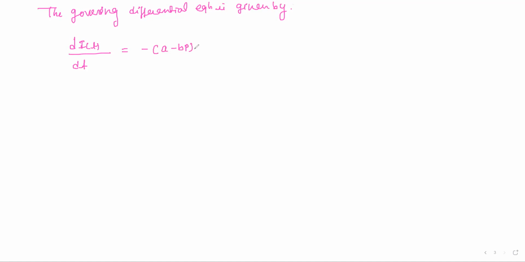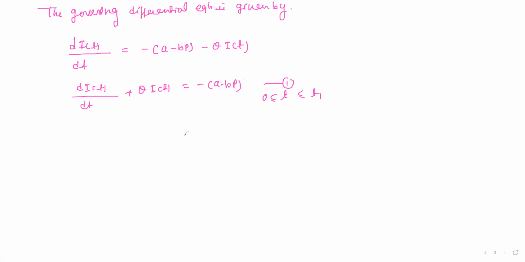The governing differential equation is given by dI(t)/dt equals minus D, in the value of D, a minus bp, minus theta I(t), and we can write dI(t)/dt plus theta I(t) equals minus (a minus bp), and this is in the interval 0 to t1.